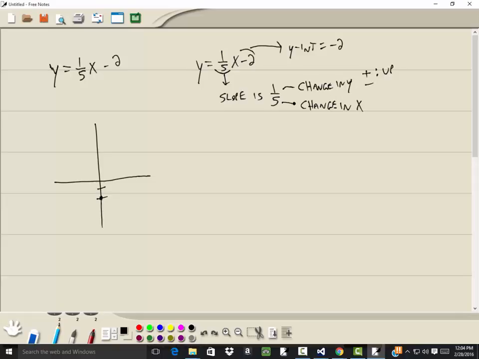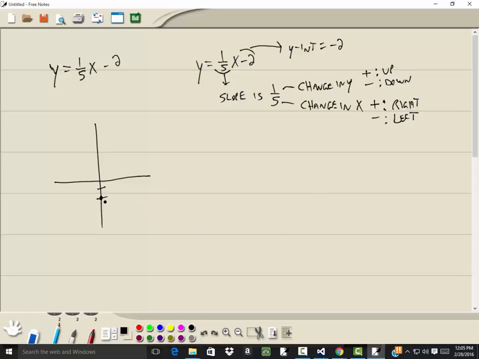If your number on top is negative, that means you'll go down. So change in y is up and down. Now change in x: if it's positive, that means it'll go right, and if it's negative, that means it'll go left.